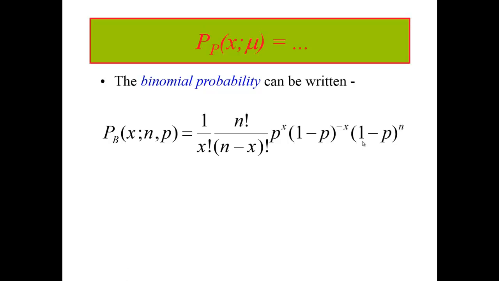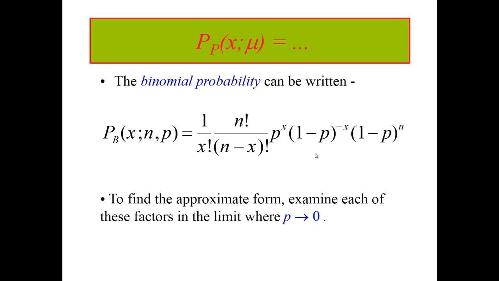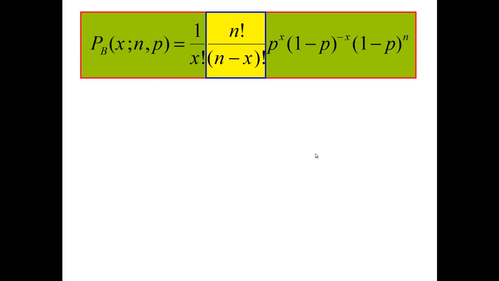The product of these last two terms would be 1 minus p to the n minus x, right? And that is exactly what we had. If you go back and look at the binomial distribution function, this simply separates that one term out into two terms. So we're going to take 1 minus p to the nth multiplied by 1 minus p to the minus x. But it's the same thing that we started with before. So we're going to examine each of these factors in the limiting case where p goes to 0 and n is large.